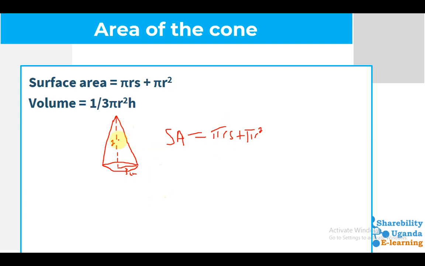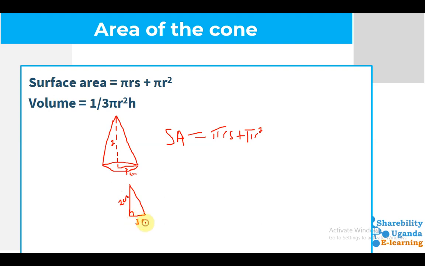Now, when you look at this cone, it is forming a shape of a right angle, with 90 degrees, and we can see we have our height as 2 centimeters. We also have our radius as 3 centimeters.